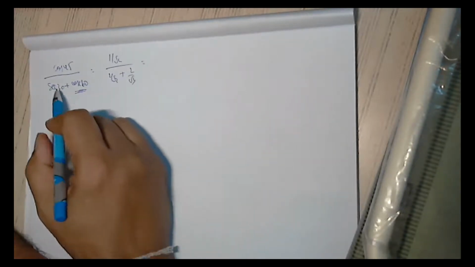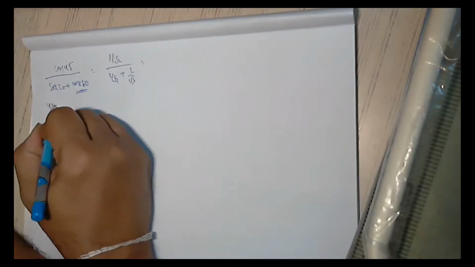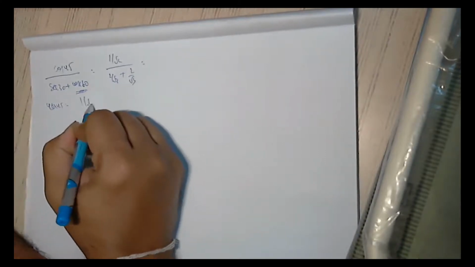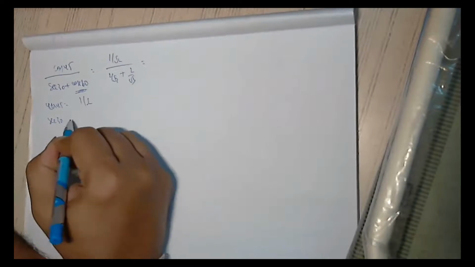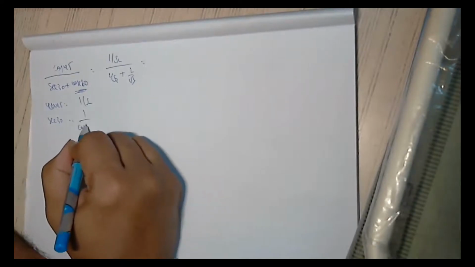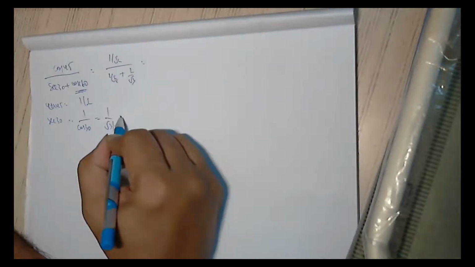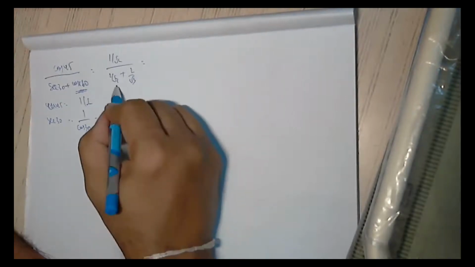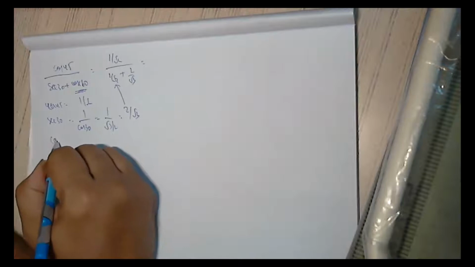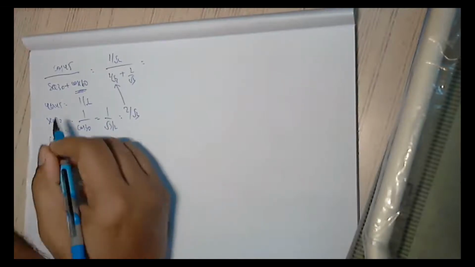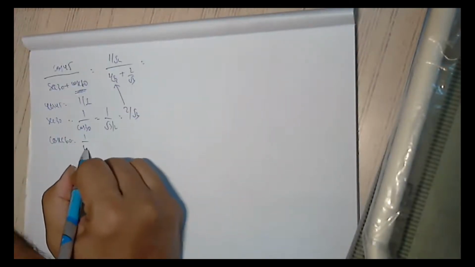So what is cos 45? 1 by root 2. Secant 30 is equal to 1 by cos 30. Cos 30 is root 3 by 2. 1 by root 3 by 2 is 2 by root 3. What is cosecant 60? Equal to 1 by sin 60.